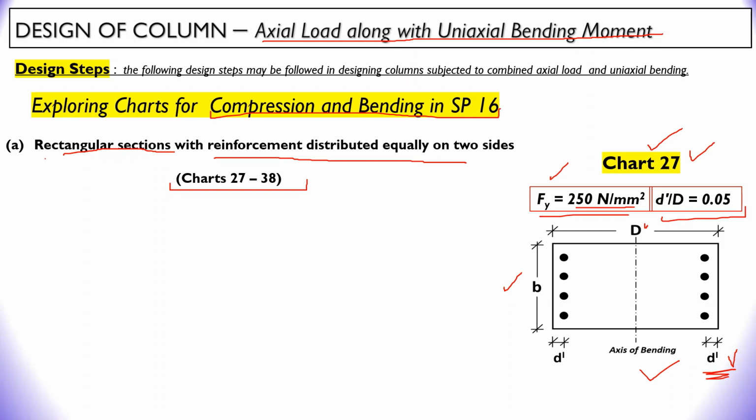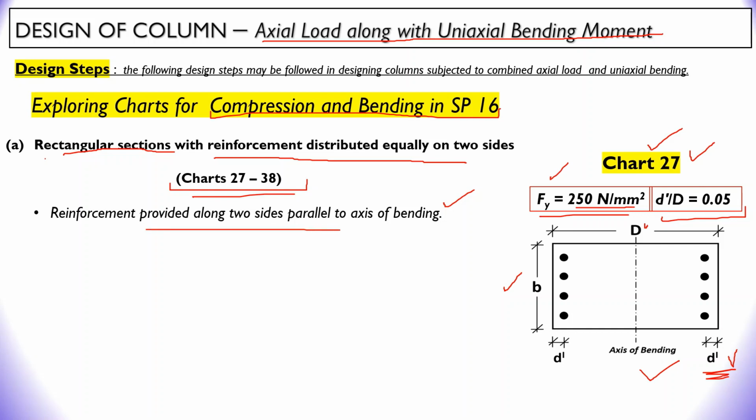Now let us discuss clearly and more effectively so that we can understand the applications of these charts. I have discussed how to select the chart. The chart will be selected based on these parameters, and the charts which are available, chart number 27 to 38, will give us the required information when they follow these guidelines: reinforcement is provided along two sides parallel to the axis of bending.